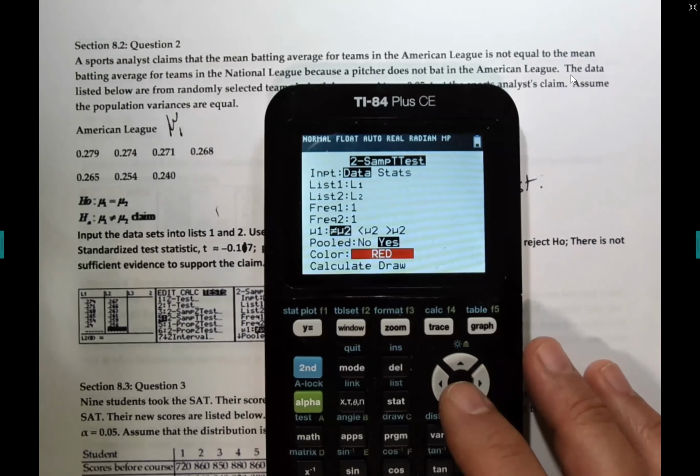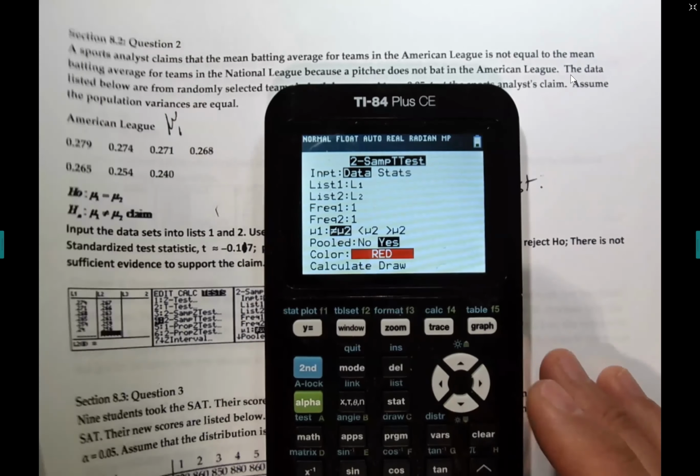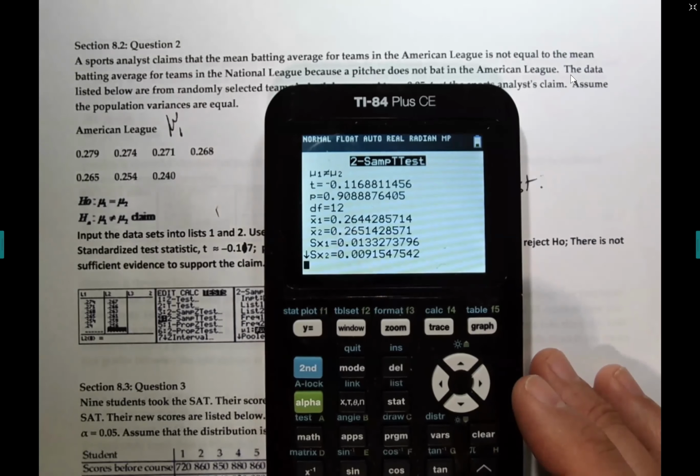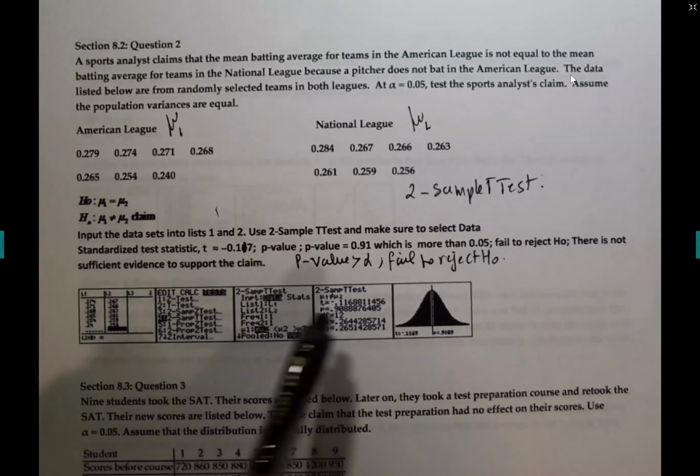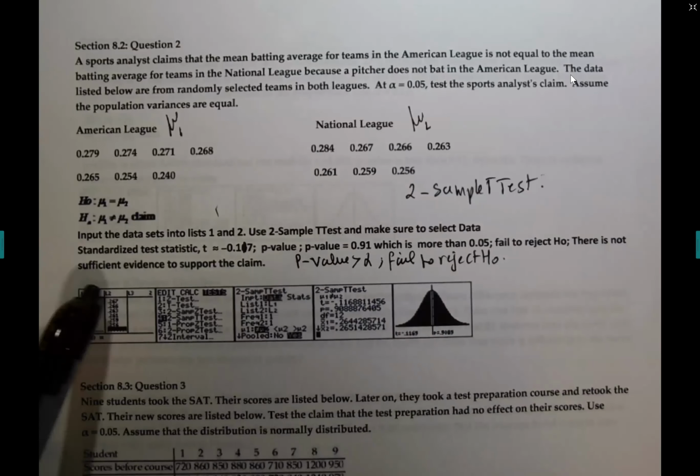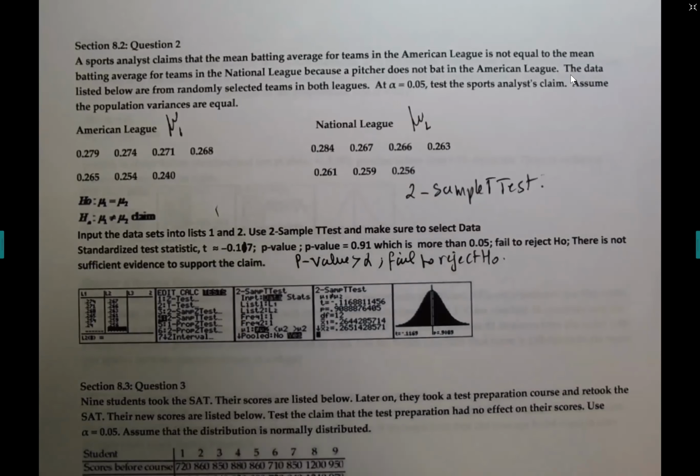Oh, probably I put a no by mistake here because it says population variances are equal. So let me double check and enter. So the t is negative 0.117, yes, and the p-value is 0.9089, which is more than alpha. We fail to reject H0, and we conclude that there is not enough evidence to support the claim.